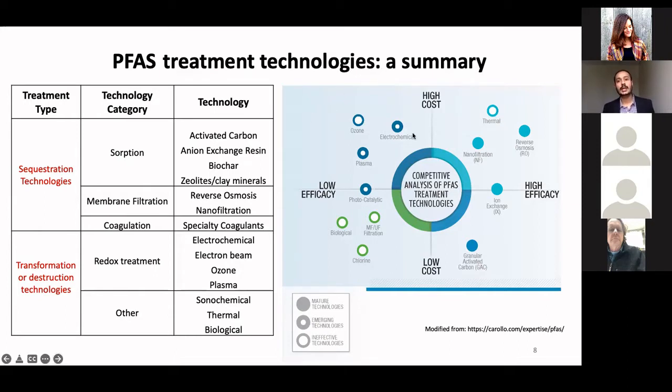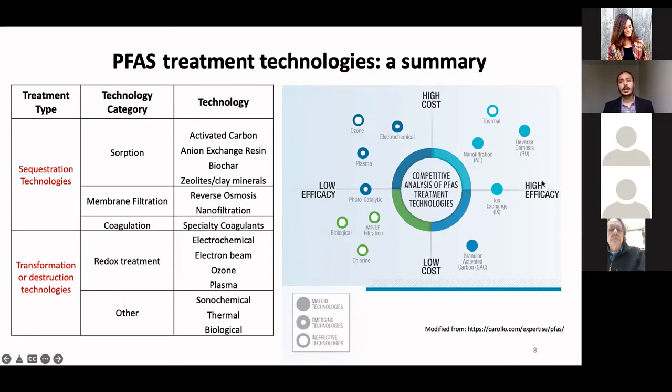The figure on the right is a good summary of where each of these technologies falls when comparing efficacy for PFAS treatment and also the cost associated with PFAS treatment. As you can see, many of these technologies are not as effective in PFAS treatment. Especially biological or membrane filtration, microfiltration or ultrafiltration are not effective at all for PFAS treatment.